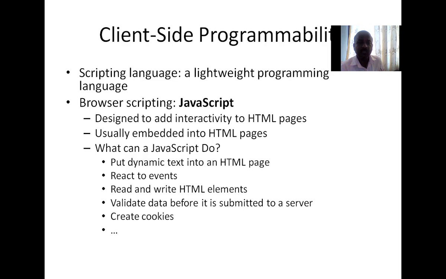What can JavaScript do? It can put dynamic text into an HTML page, react to events, read and write HTML elements, validate data before it is submitted to the server, create cookies, and so on.